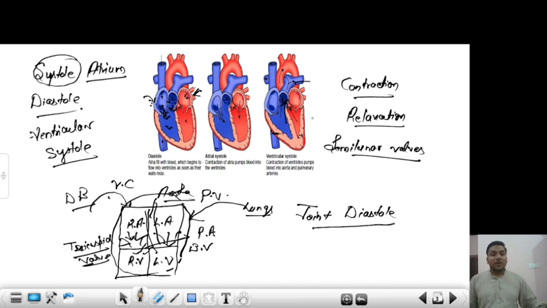And from left ventricle, the blood passes to the aorta also through a semilunar valve. So these valves present in the aorta as well as pulmonary artery are known as semilunar valves.